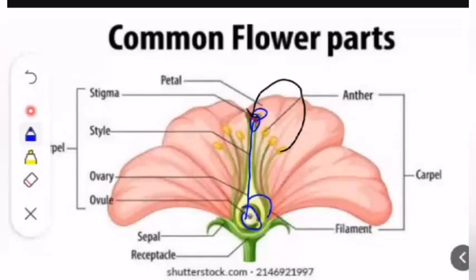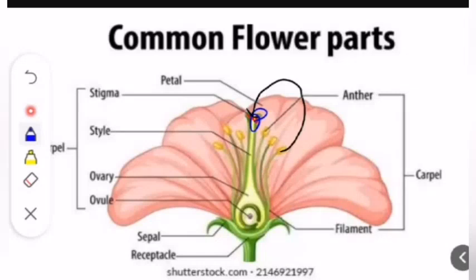Two, the pollens germinate to form the pollen tube that grows downward.